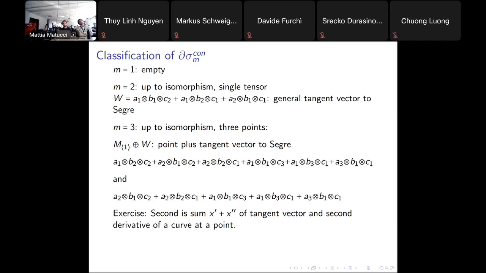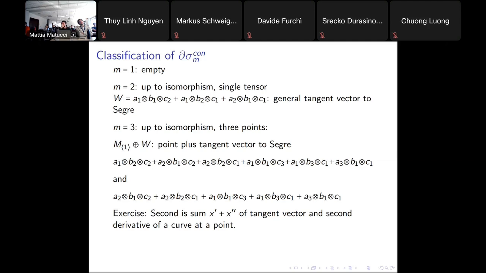So I have a curve x of t. If I take x of 0, I'm just going to get this unit tensor, 3 copies. If I take x prime at 0, I'll get something that looks like this maybe. And then if I take x prime plus x double prime, I get something that looks like this. And in fact, the first 3 terms look like W, and the second 3 terms also look like W, but they're tied together.